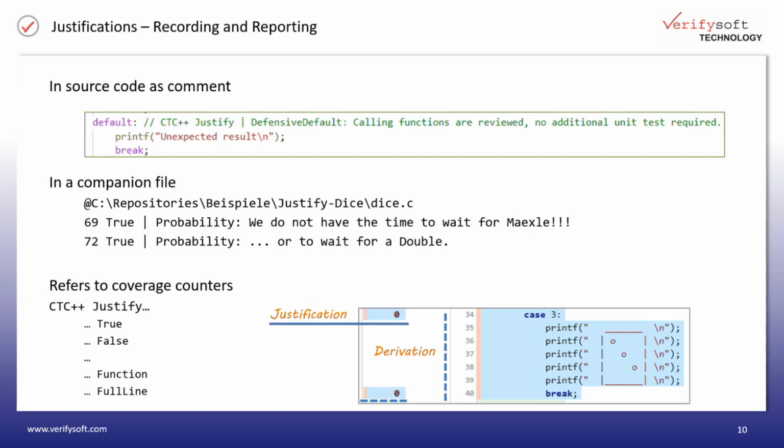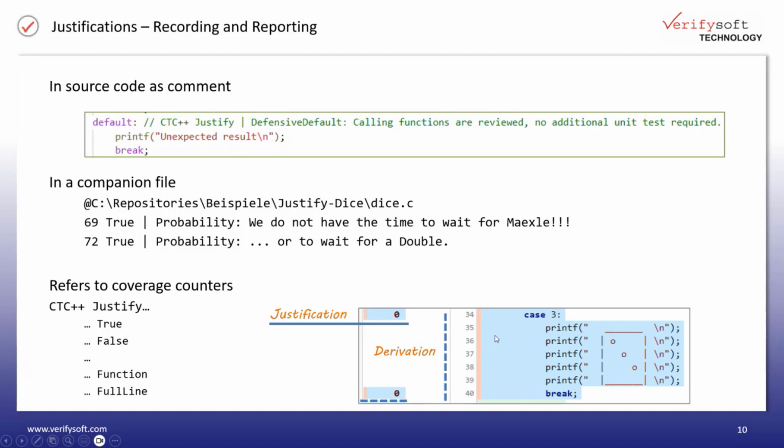For statement coverage, it derives for all these printf statements that they are justified, and it does the same for the lines, for the line indication that this is blue. And it also derives for the counter break, as we saw before in the report, that this counter is justified.